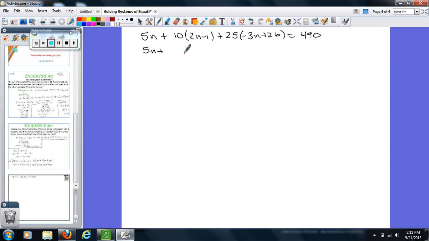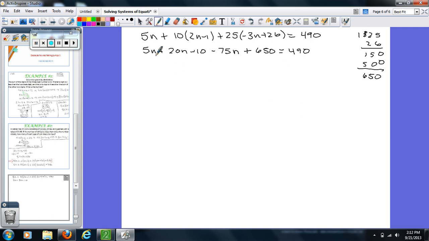So this is 5n plus, that's 20n minus 10 plus 25 times negative 3 is negative 75n plus 25 times 26, that's going to be 650. That's plus 650 equals 490.